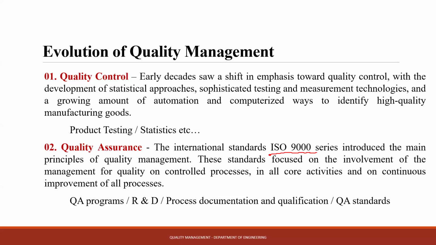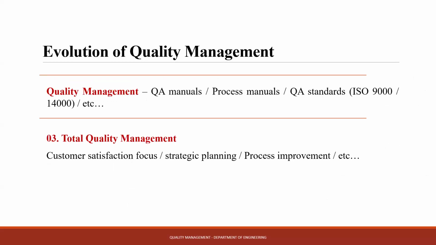Then after that, the quality management comes into the topic, and then finally, the total quality management is there. So I hope there is no need to discuss the quality management as we discussed more. So basically, under quality management, some QA manuals outlining the overall quality management systems within the organizations can be developed.